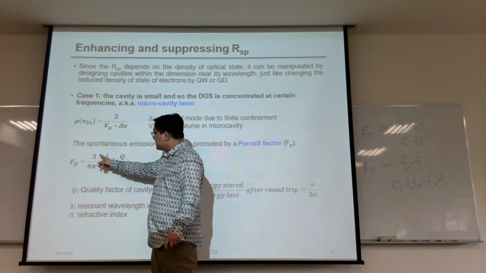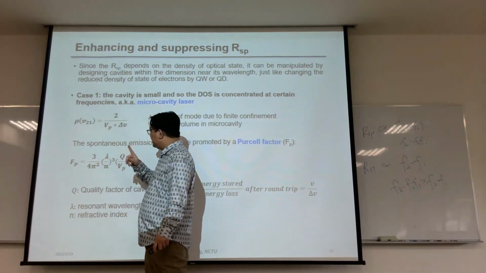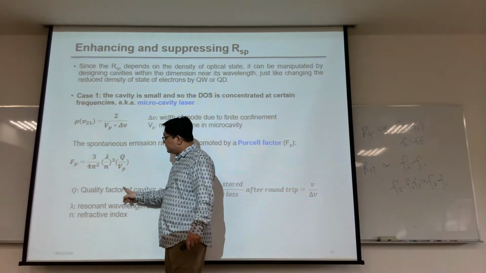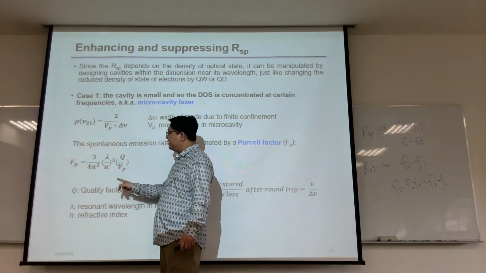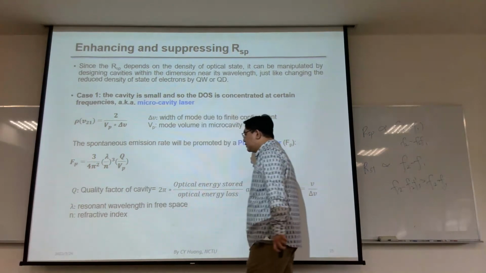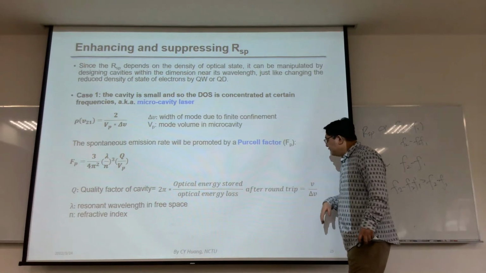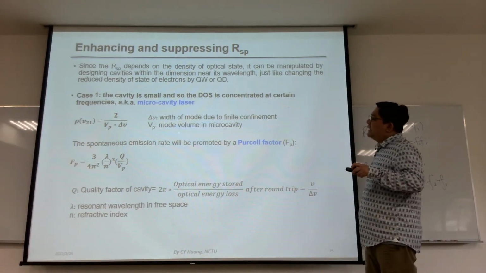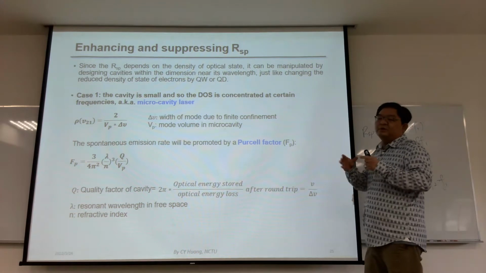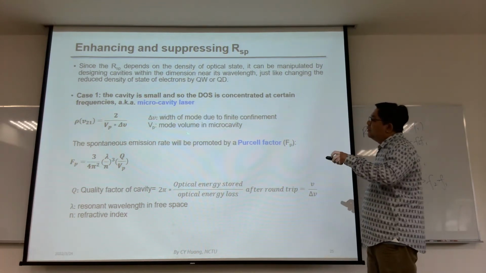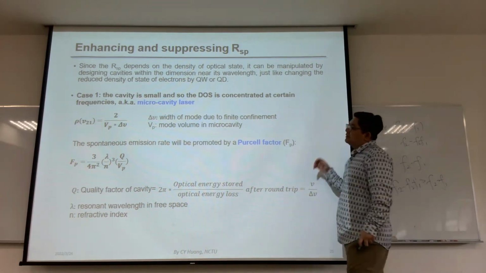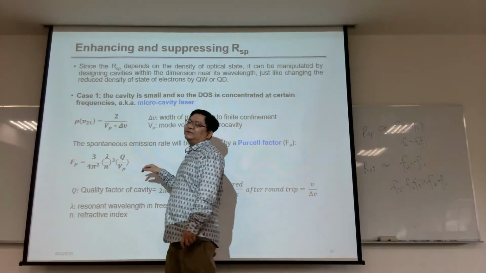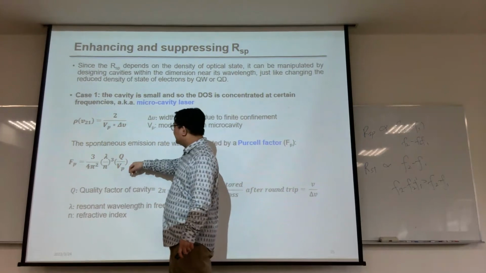It is relevant to a term called Q over Vp. Q is the quality factor. Vp is the mode volume. When you cut a small cavity, the mode volume will decrease. The definition I also skip.